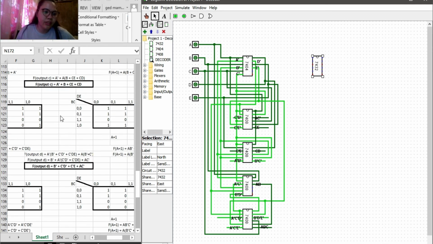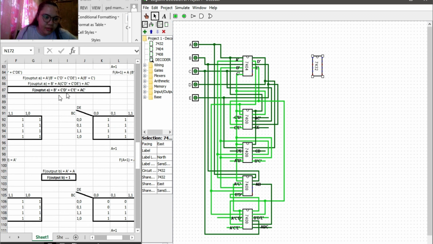Let's start with output A. It says in this canonical form that B naught or C naught and D naught, and then C naught and E naught, this one.